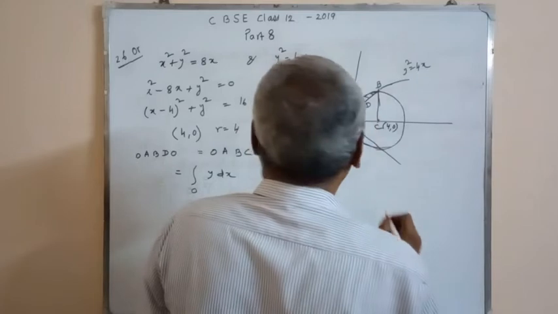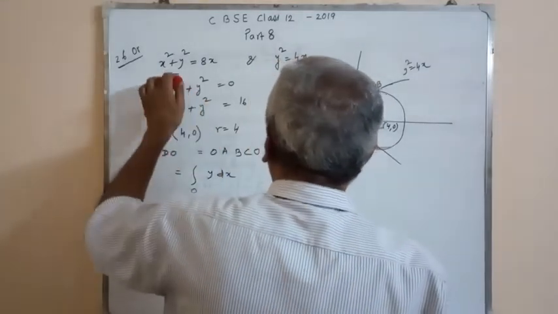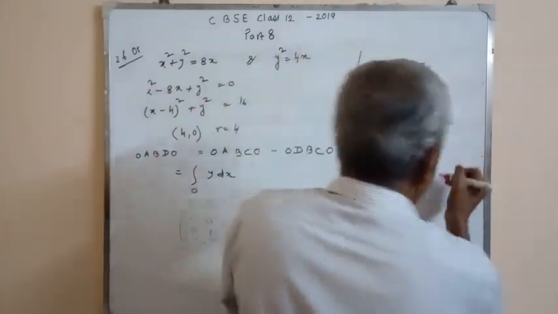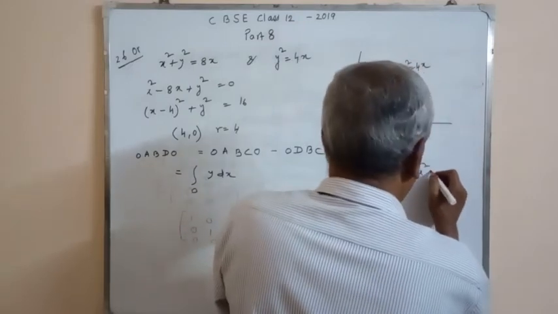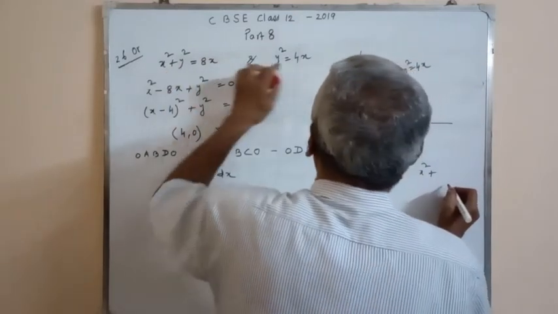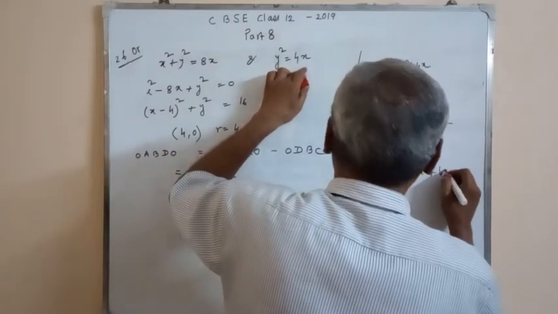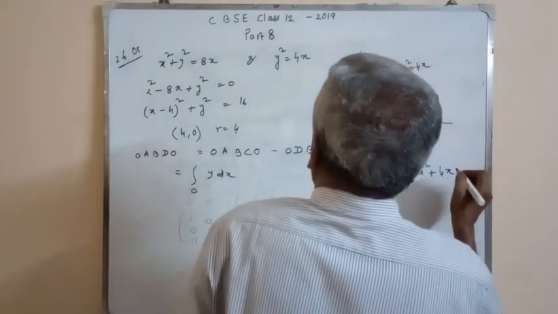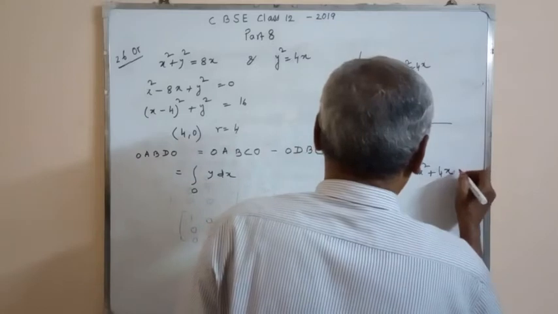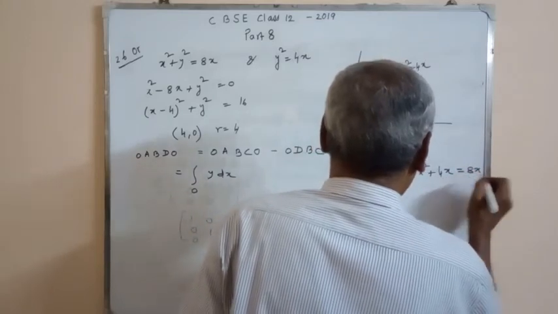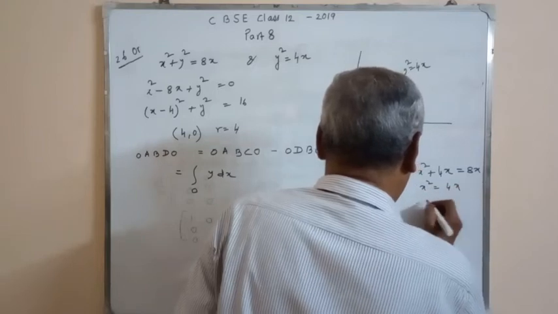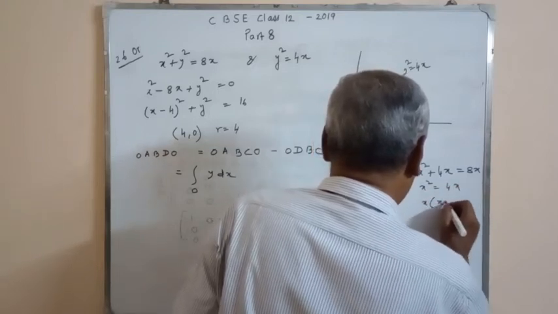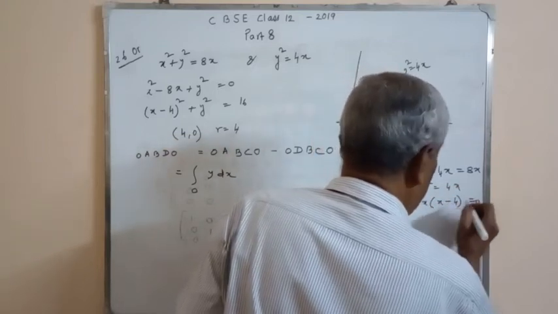Its x coordinate, by solving this and that: x square plus y square is equal to 8x, and y square is 4x. That is, x square is equal to 4x. That is, x into (x minus 4) is equal to 0.